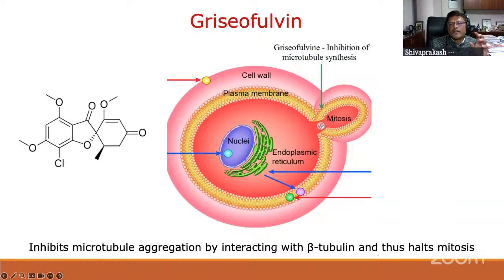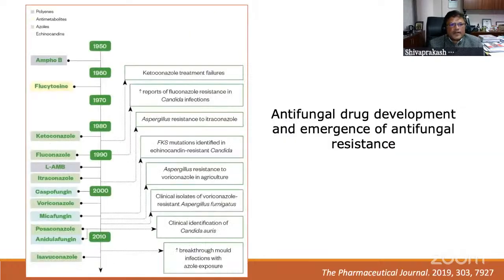Griseofulvin has still become an important drug, especially for treating dermatophytosis in view of the emerging resistance in dermatophytes, especially due to Trichophyton indotineae. Otherwise, earlier it was one of the first systemic antifungals developed, but it is a toxic drug, so it was not used systemically, but now they are using it systemically.